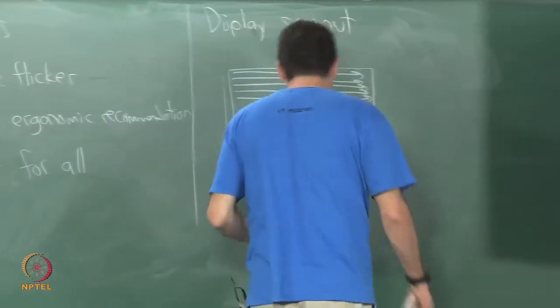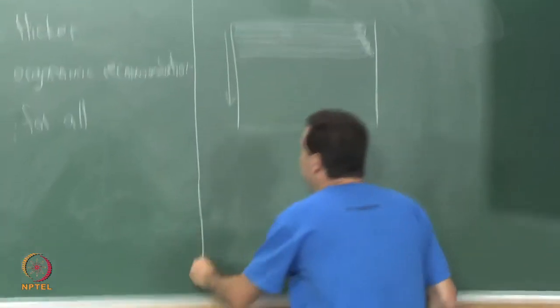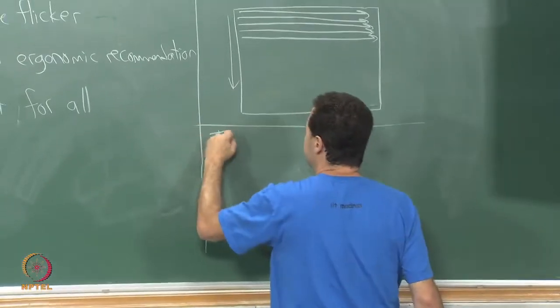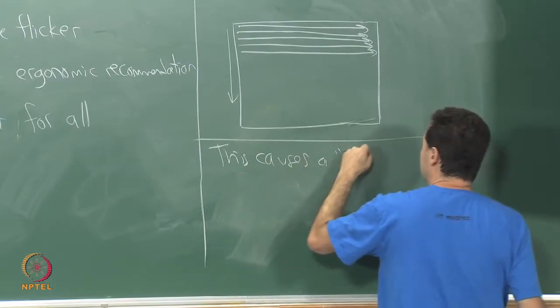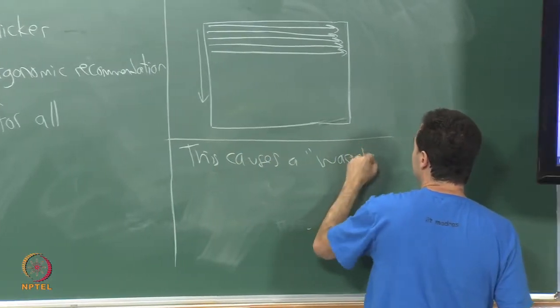And so if you do that and you turn your head back and forth, then this causes a waggle effect.